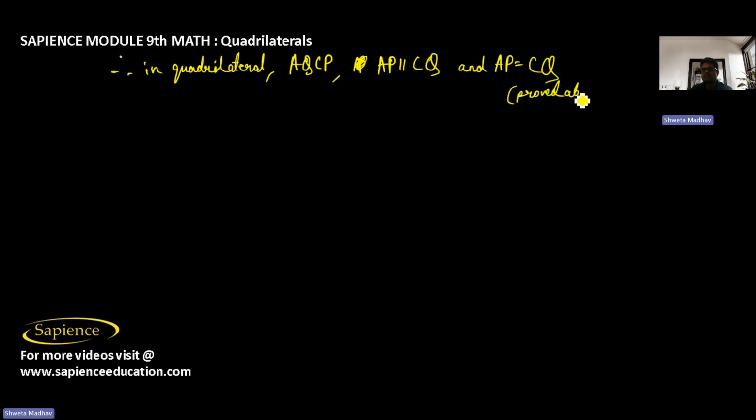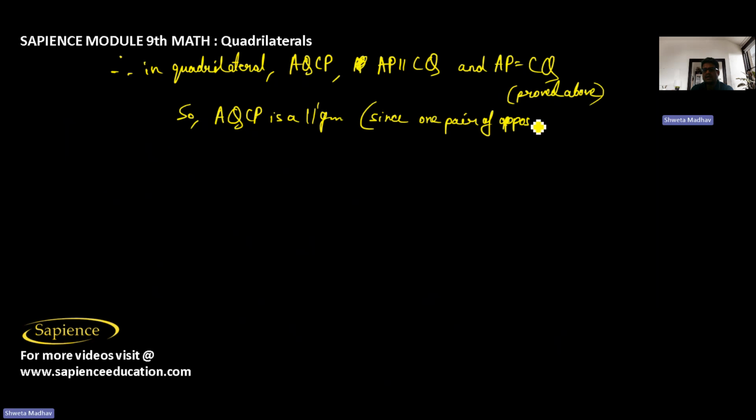So I can say that AQCP is a parallelogram, since one pair of opposite sides are parallel and equal in quadrilateral AQCP.